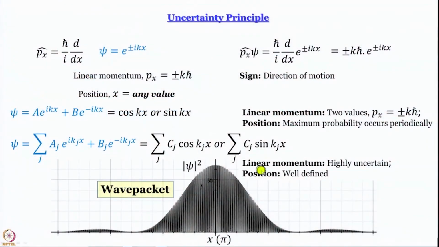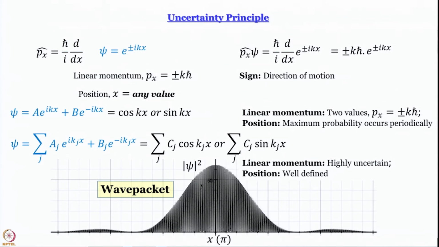But for now, what we have got is that the moment we made linear momentum uncertain, we generated a wave packet which had significantly more precise information about the location of the particle. So what we have shown here is that in the uncertainty principle, if linear momentum is well defined, position becomes ill defined automatically.